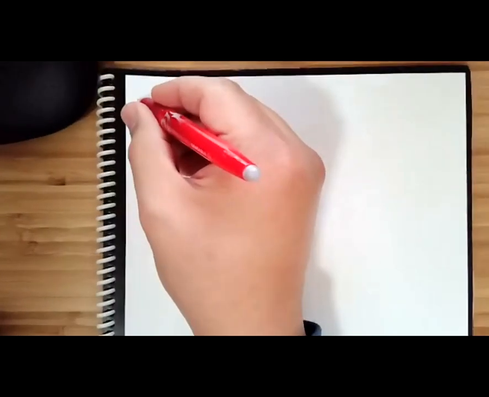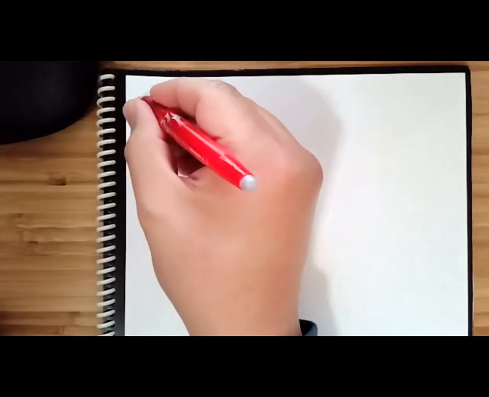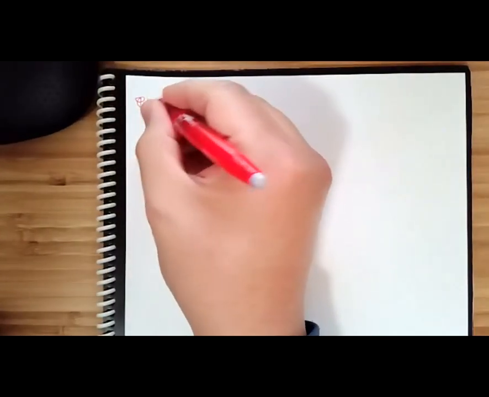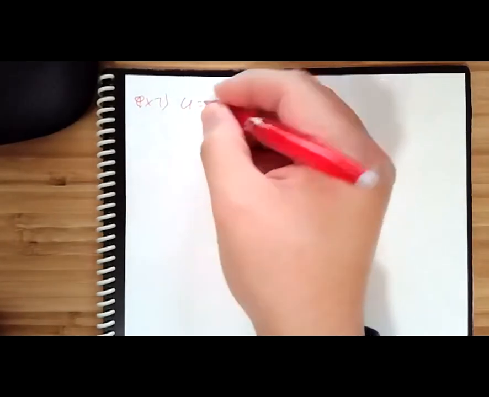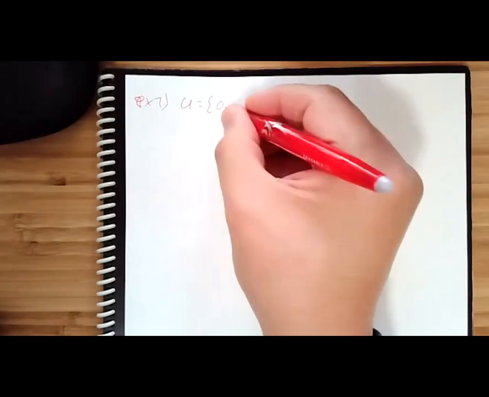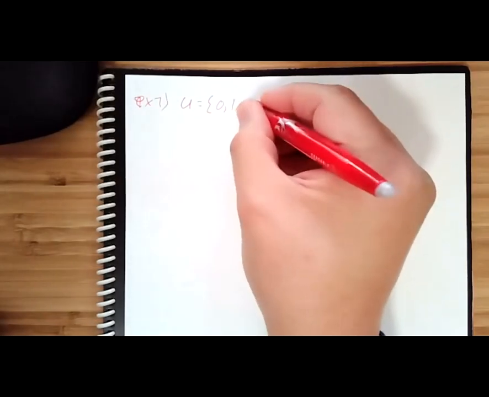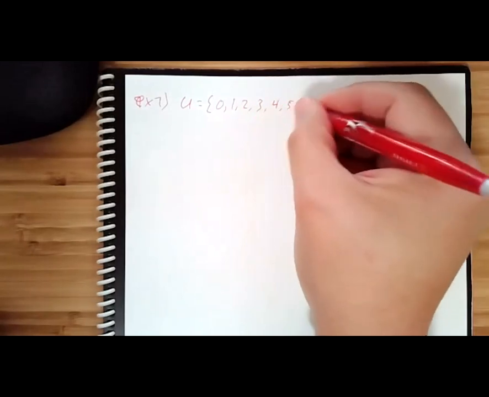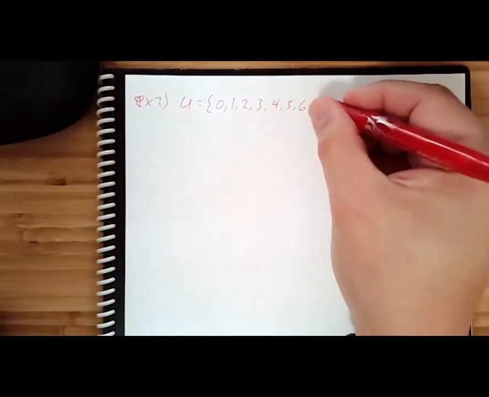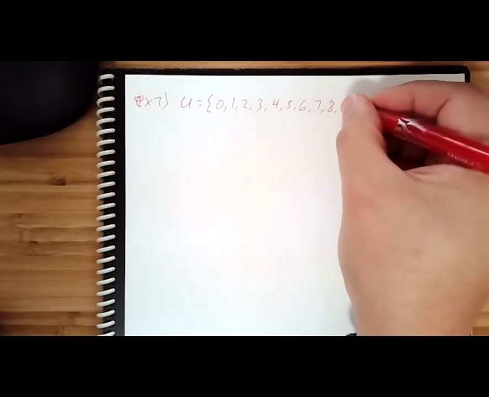Okay. So for number 7, U is equal to 0, 1, 2, 3, 4, 5, 6, 7, 8, 9.